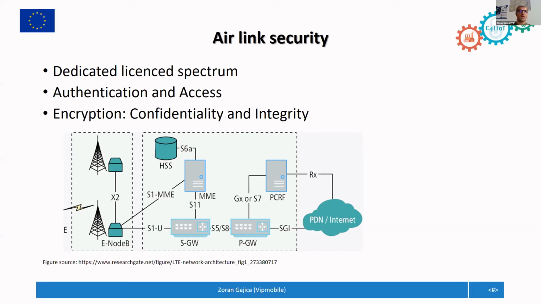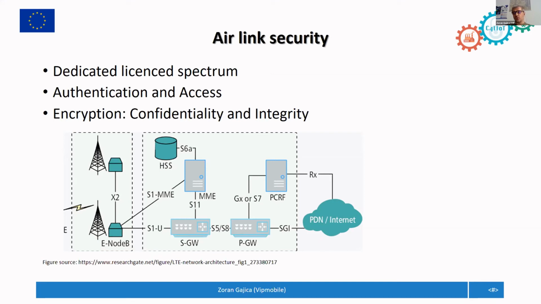And the security procedures are implemented in two ways. One is authentication for access to the network, and the other is encryption, which will provide confidentiality and integrity of our data, both user data, the payload, and the signaling data.